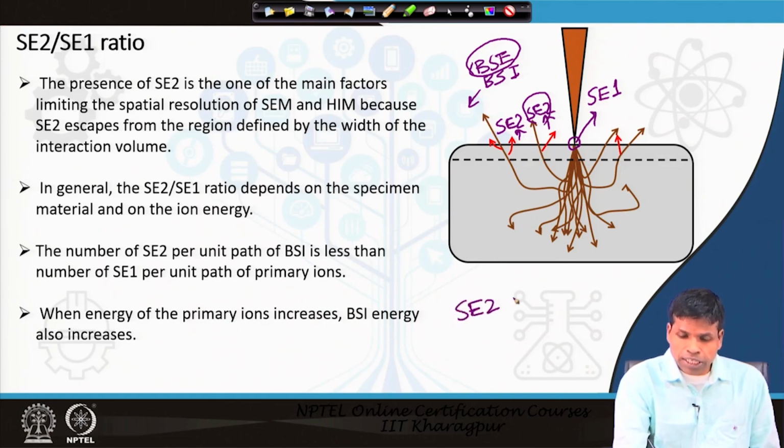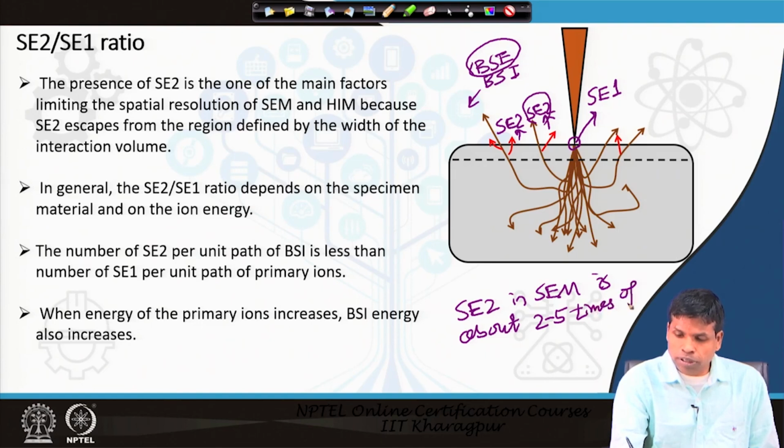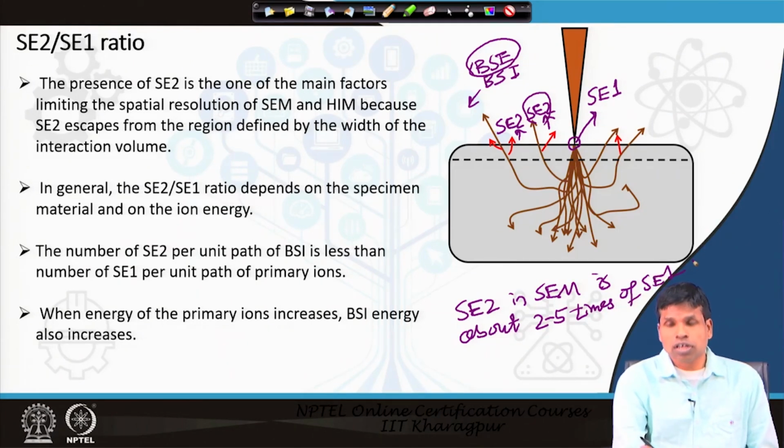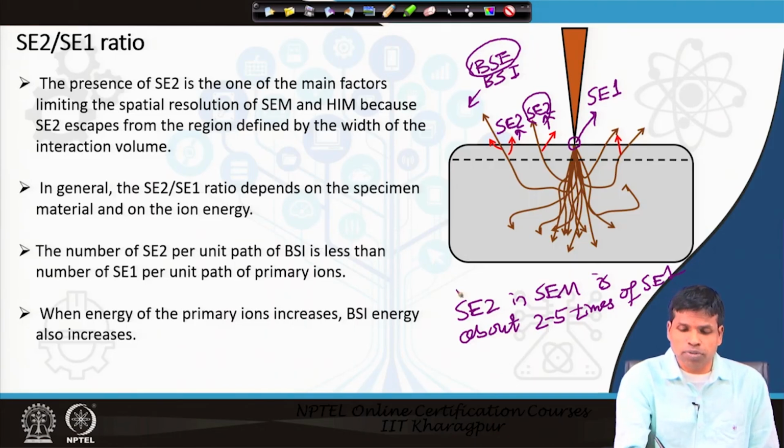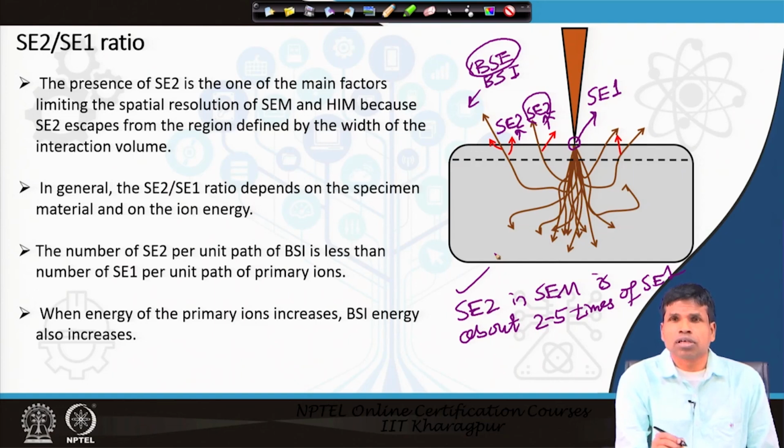In particular, SC2 in the scanning electron microscope, SEM, is about 2 to 5 times SC1. So, when we talk about a secondary electron image in the scanning electron microscope, mostly there will be SC2. Many times at the bottom of these photographs there will be an SC2 detector.